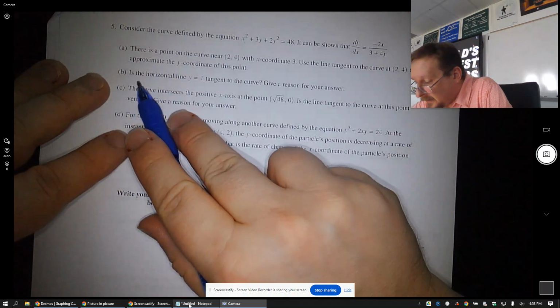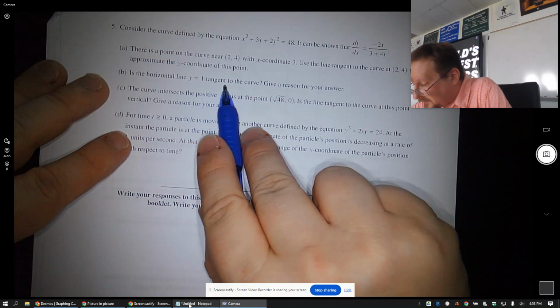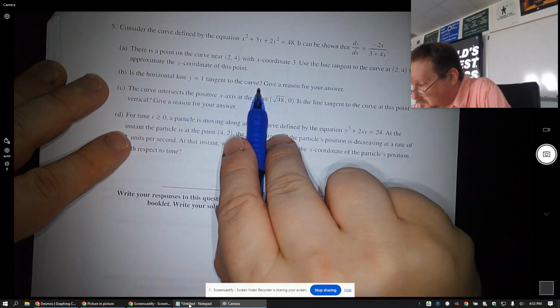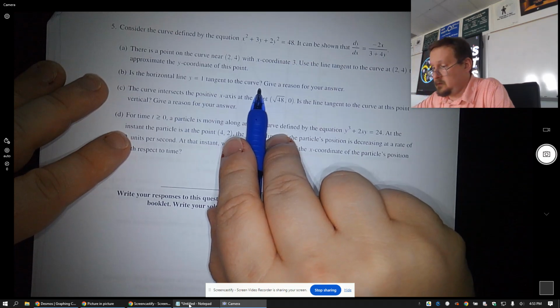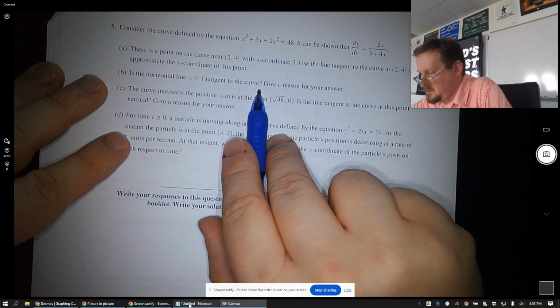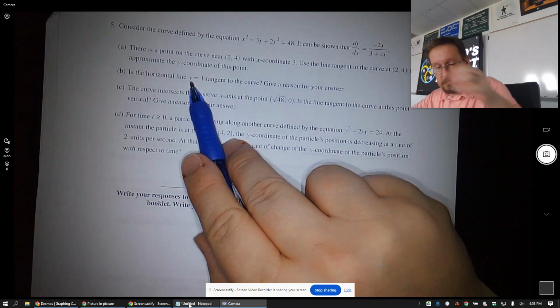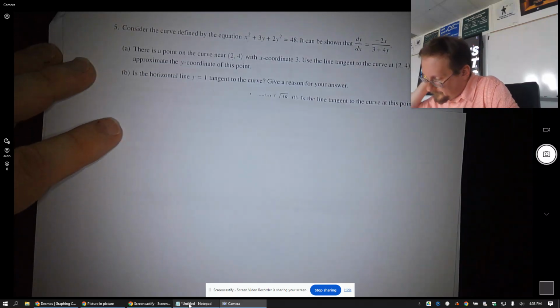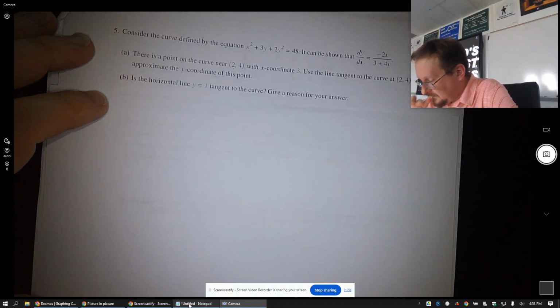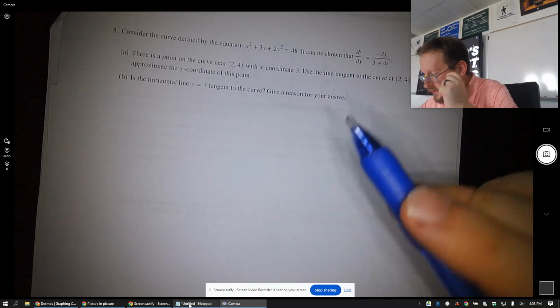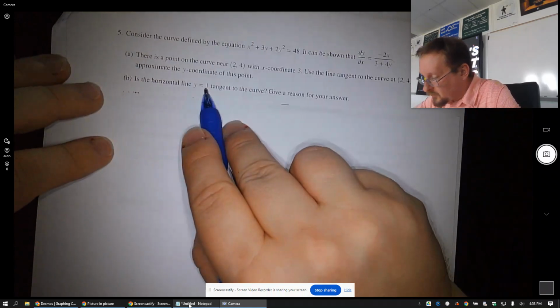Okay. Is the horizontal line y equals 1 tangent to the curve? Okay, how am I figuring that out? Here's what I'm going to say. y equals 1 has a derivative of 0.